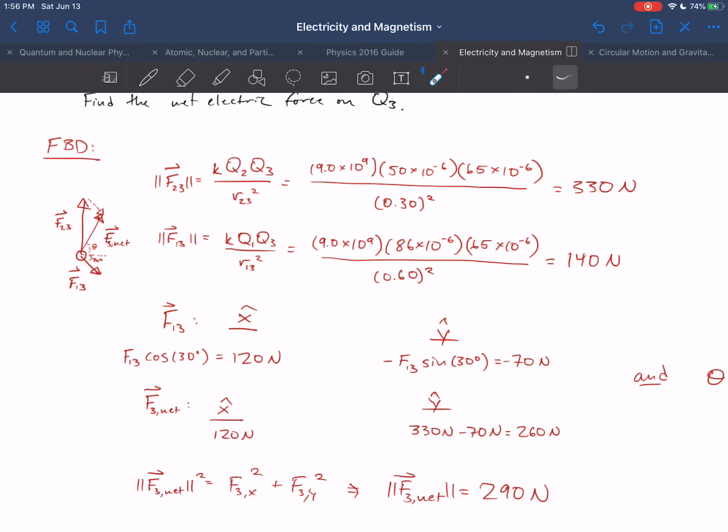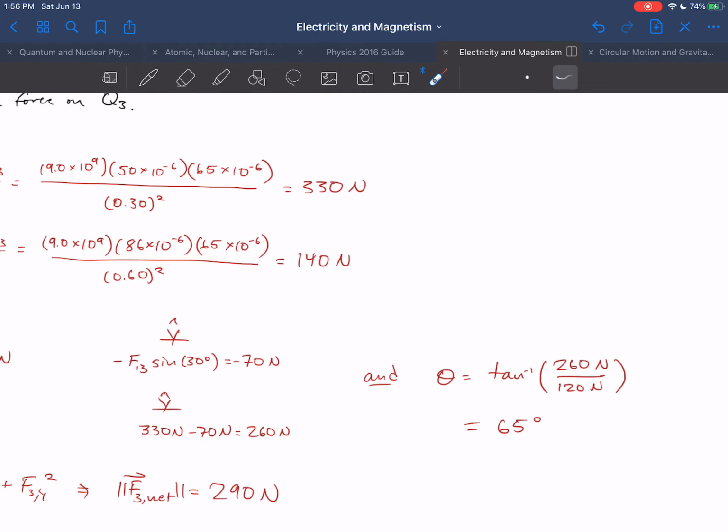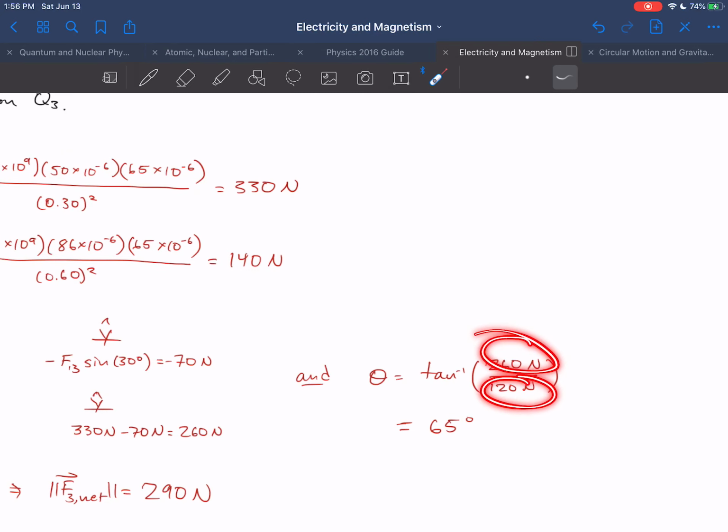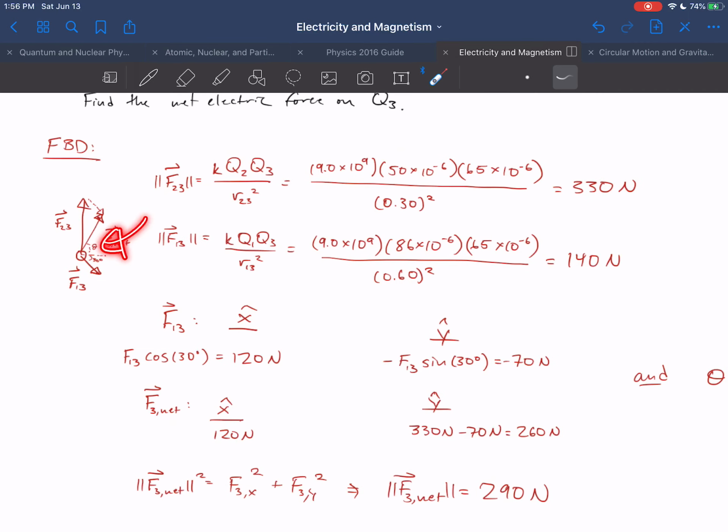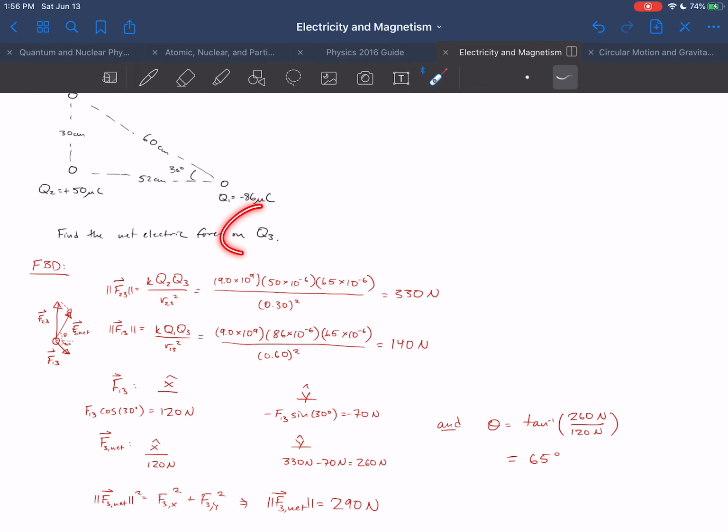So if we take that ratio here, if we're looking for this angle theta, we do opposite, that's the vertical component, over adjacent, that's the horizontal component, and then we take the arctan of that value. Make sure we're in degree mode. That will give us an angle of 65 degrees. And so our answer for the net electric force on Q3 is 290 newtons at 65 degrees to the horizontal, specified using our diagram.